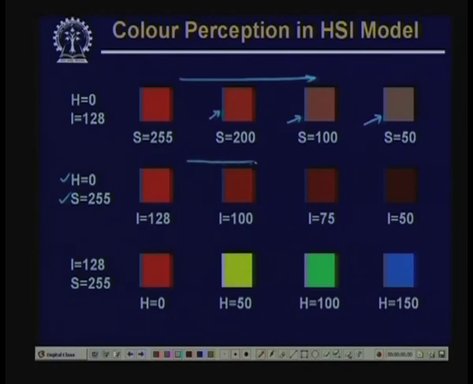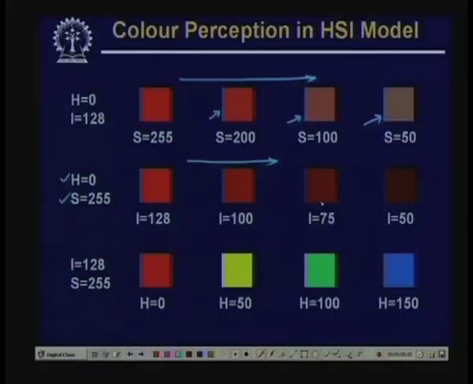As we move from left to right in the second row, they are still red, but the intensity of the red goes on decreasing. If you note the difference between the first row and the second row, in the first row it appears that some white light has been mixed with the red, whereas in the second row there is no such appearance of mixing of white light, but the intensity is being decreased.